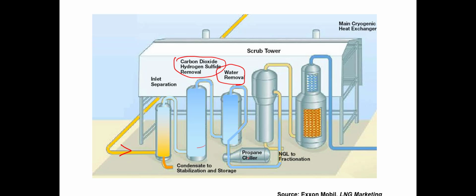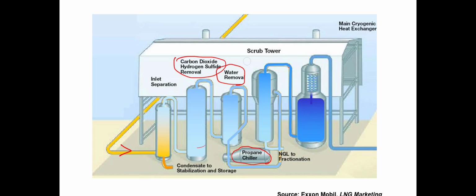And after that, after dehydration, you have a pre-cooler, propane chiller, or we call it chiller or pre-cooler. After the pre-cooler, you will send it to the scrub column. In the scrub column, you get your NGL, and that will be sent to the fractionation.